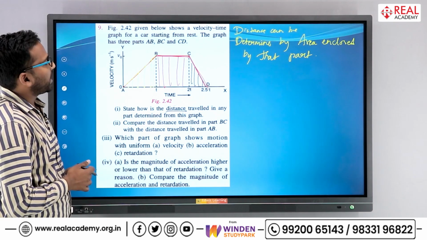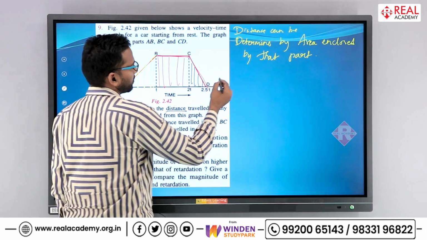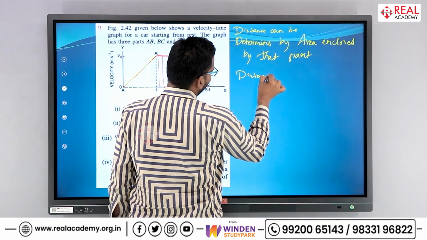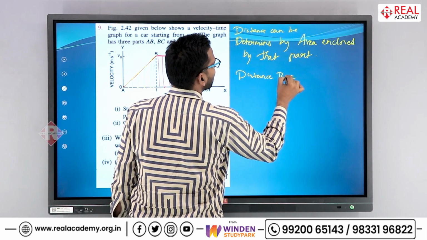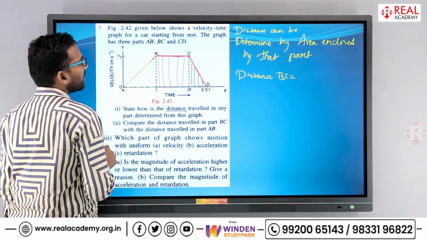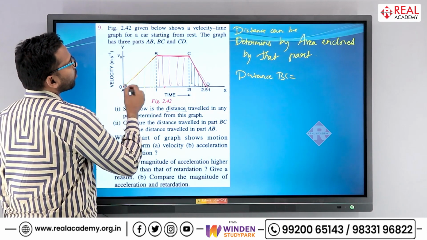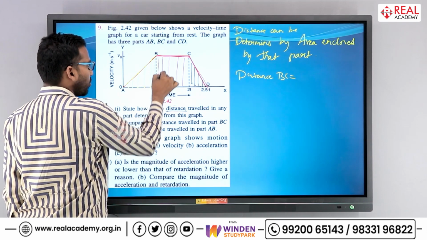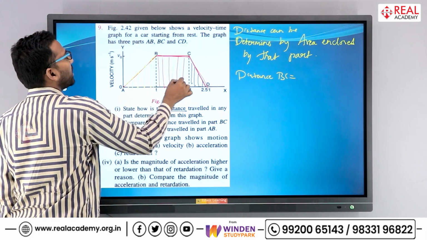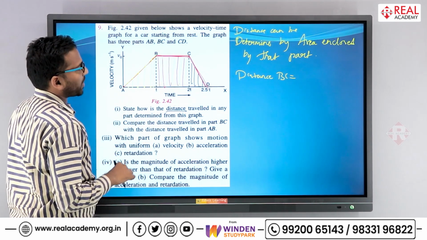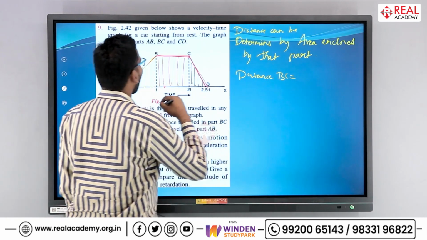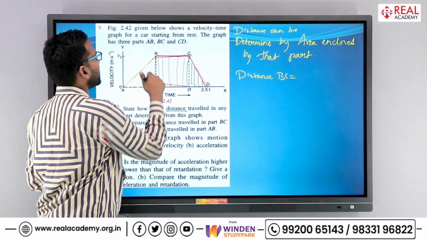Next question, compare the distance travelled in BC with the distance travelled in AB. So let us first find out the distance travelled in BC. As I have said, to find the distance travelled in this region, I need to find the area enclosed by BC.